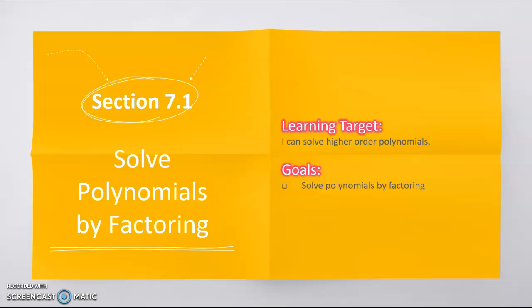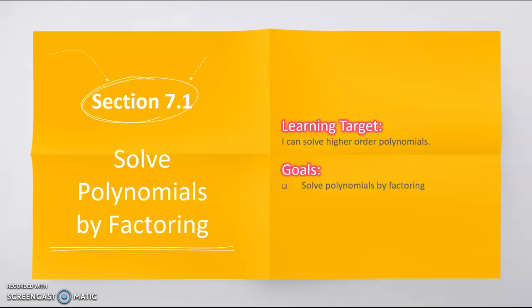So basically the whole Unit 7 is taking a lot of the stuff we did in Unit 2, like solving quadratics and quadratic functions, and then solving larger degree equations and functions.